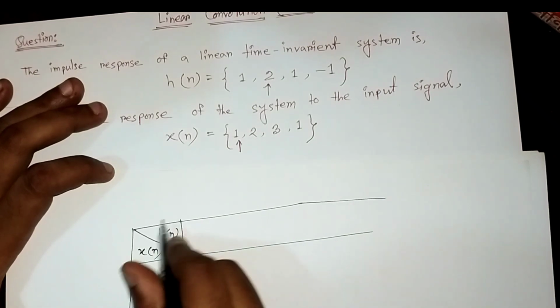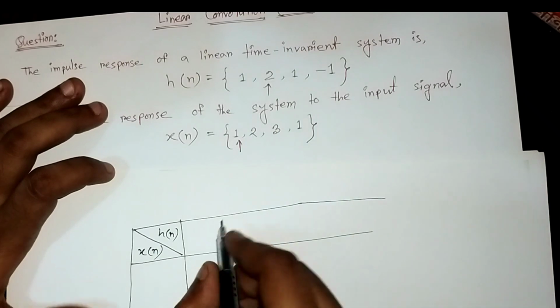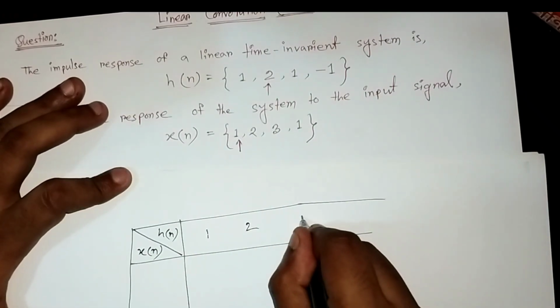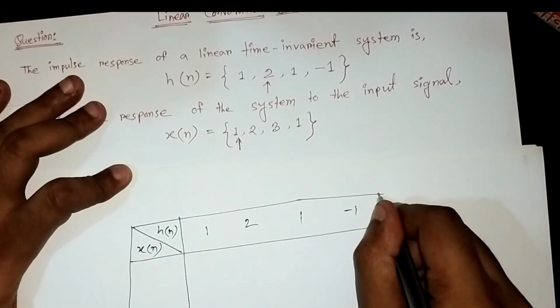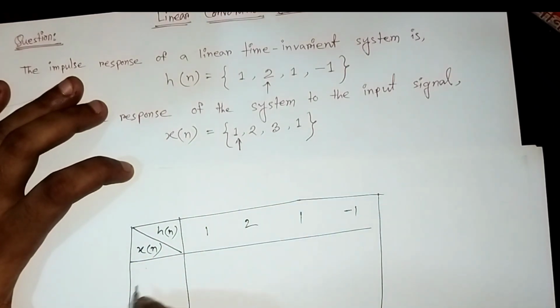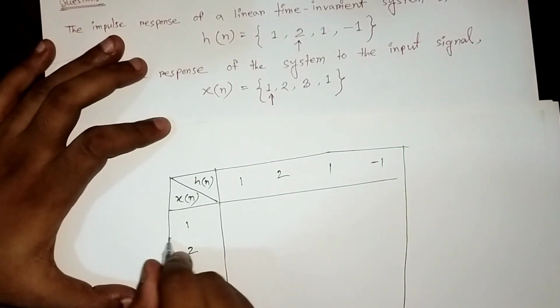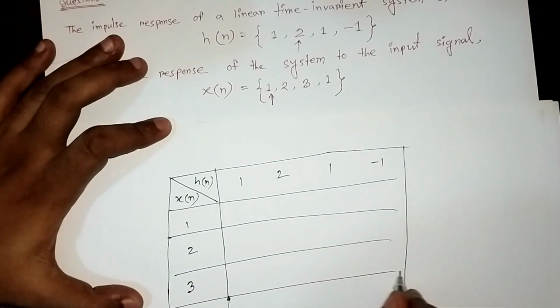Now what is h of n? 1, 2, 1 and minus 1. So 1, 2, 1 and minus 1. That's it. And what is x of n? 1, 2, 3, 1. So here it goes, 1, 2, 3 and 1. That's it. Then make a table out of them.